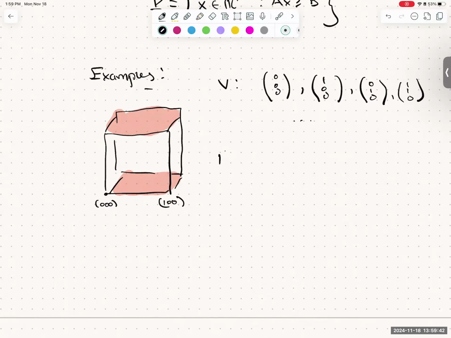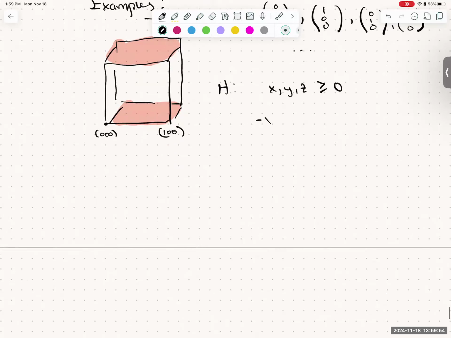And then the H representation is just saying the following: that I have x coordinate, y coordinate, z coordinate greater than or equal to 0. And also minus x, minus y, minus z greater than or equal to minus 1. So I wrote it in what seems like a weird way.